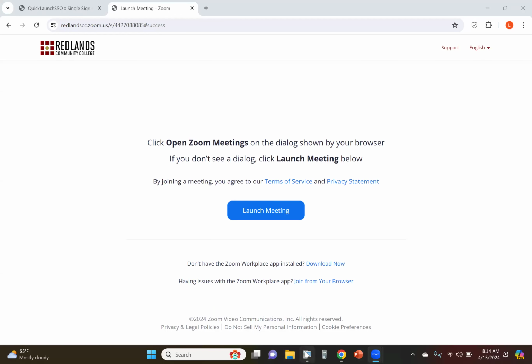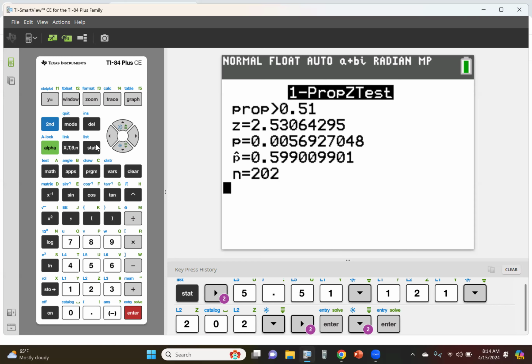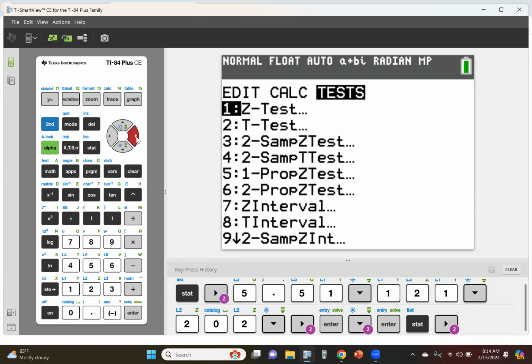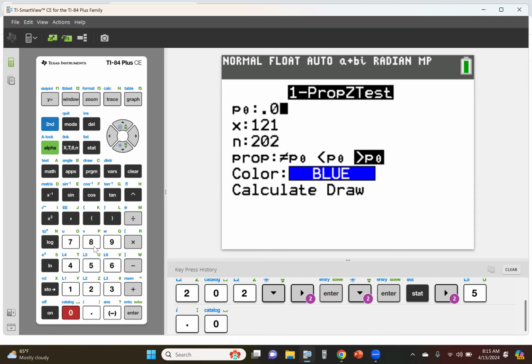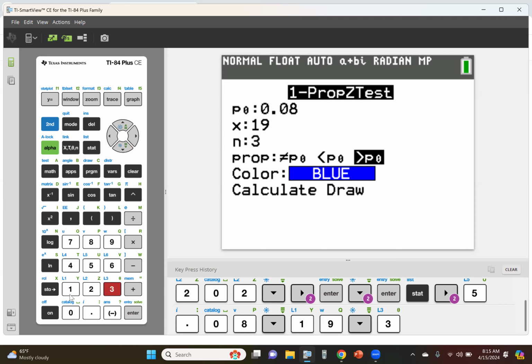All right. So we're going to stat tests, one proportion Z test, number 5. Our p sub 0 was that recidivism rate of 0.08, correct? And what did we have of the drug addicts? 19 of 313 reoffended.